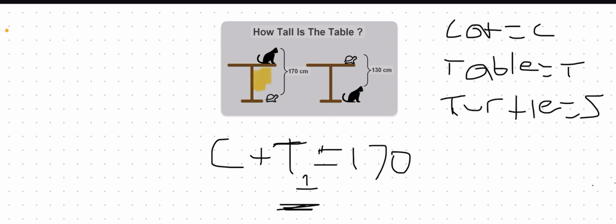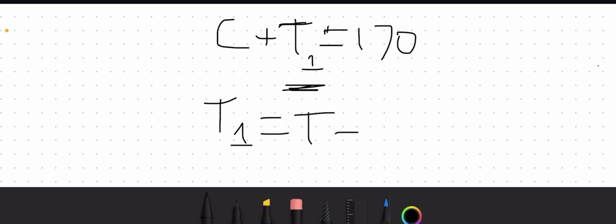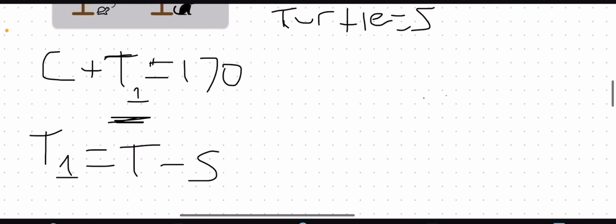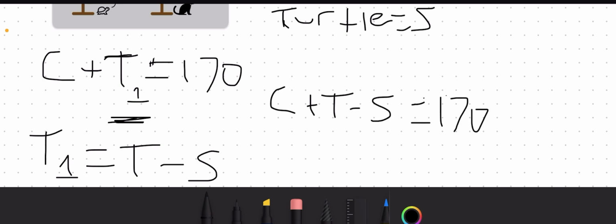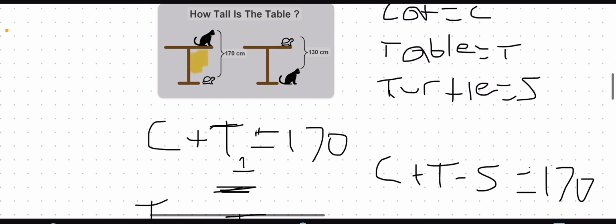So we can actually change that. Section 1 is just the table minus the turtle. And so that's actually what we're going to put in. We're going to put the cat plus the table minus the turtle is going to give us 170. And we can do the same with the one on the right.